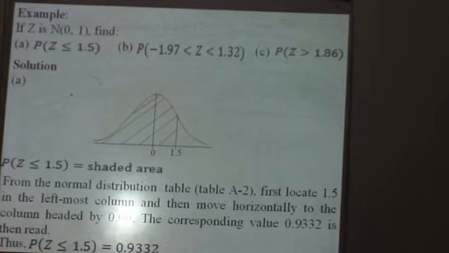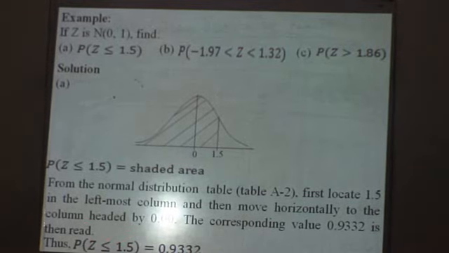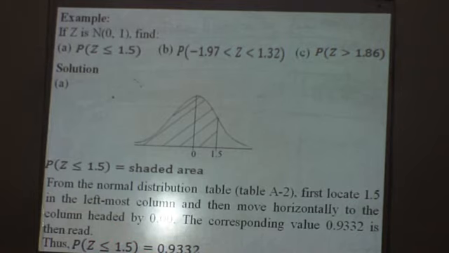That means that the probability of Z less than or equal to 1.5 is equal to 0.9332.